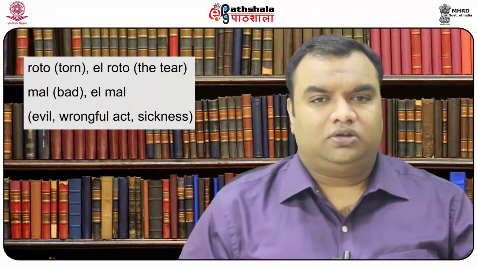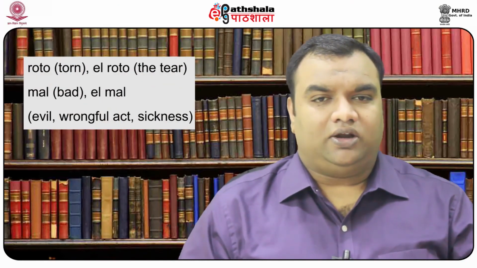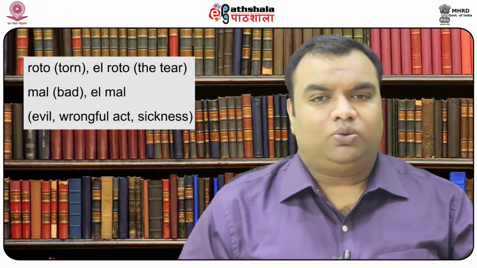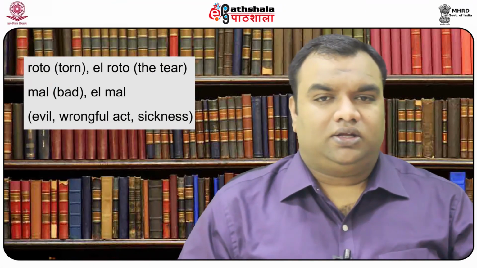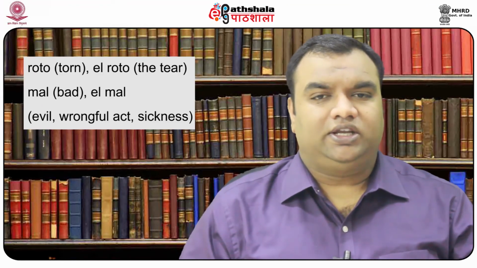Sometimes nouns made from adjectives take on meanings of their own, at least in certain contexts. Roto, which is the participle of the verb romper and also an adjective, means torn, but when added with the article el, it becomes el roto, which means the tear.